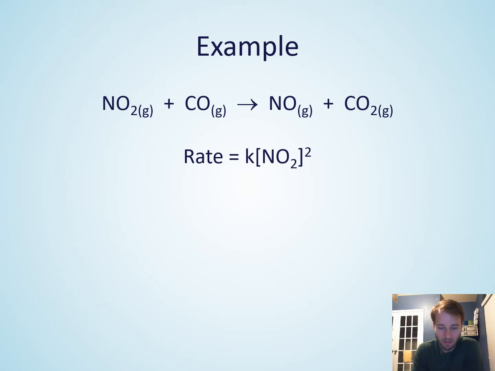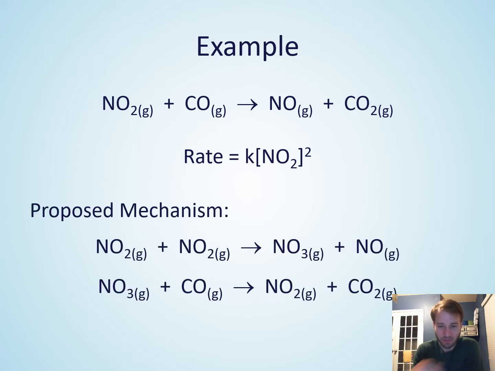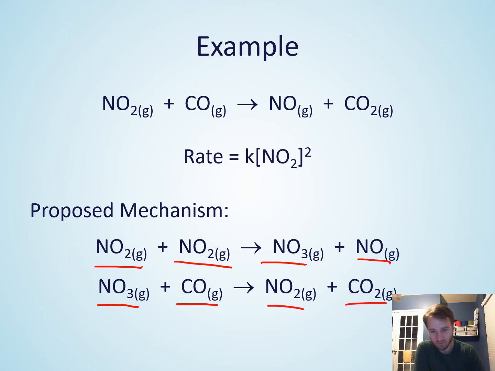The actual reaction takes place through this proposed mechanism here, where I have NO2 colliding with another NO2 to form NO3 and NO. So these two NO2s collide in space. They transfer an oxygen to form NO3 and NO. NO3 here then collides with a CO to form NO2 and CO2.